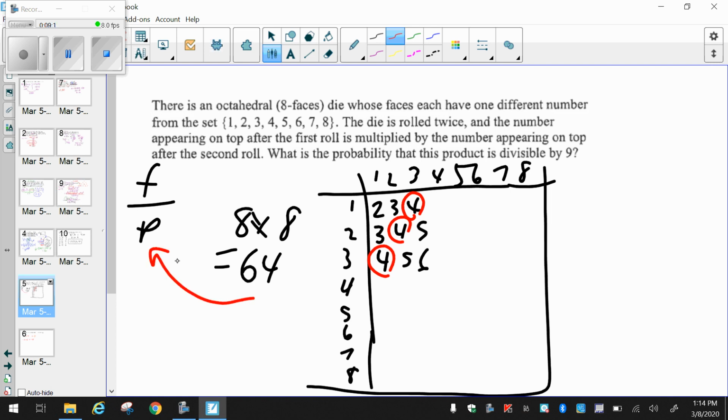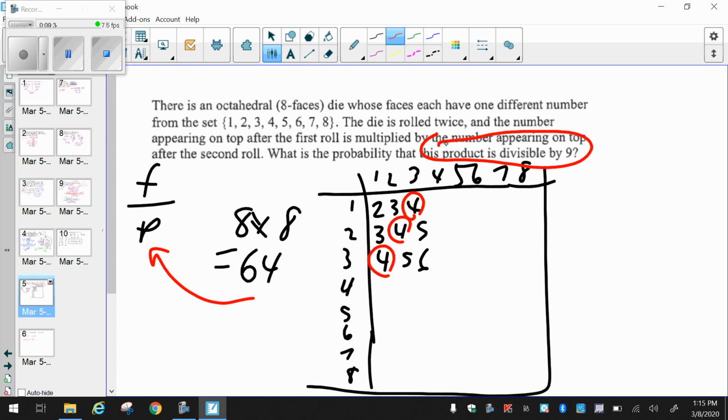So now the question is, what are my favorable outcomes? It says that I want the product to be divisible by 9. So when I multiply the 2 dice together, I guess I should have multiplied down here, sorry, I added.